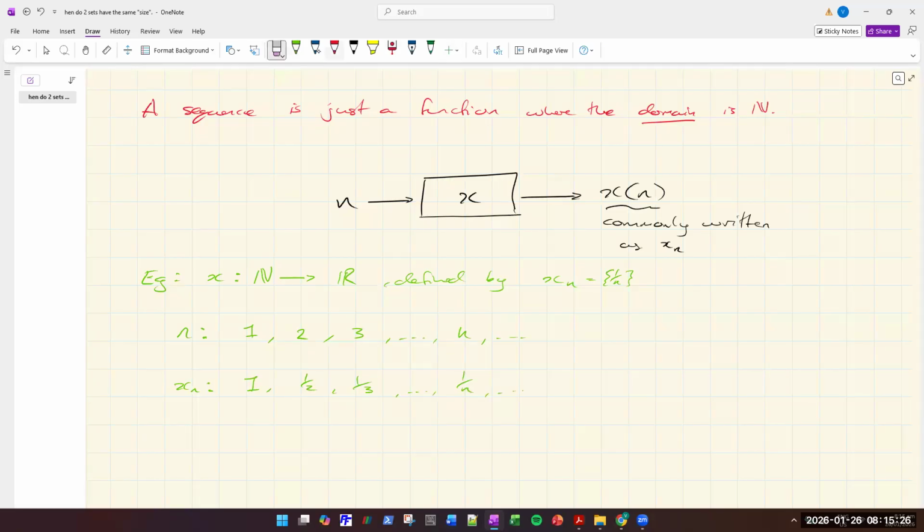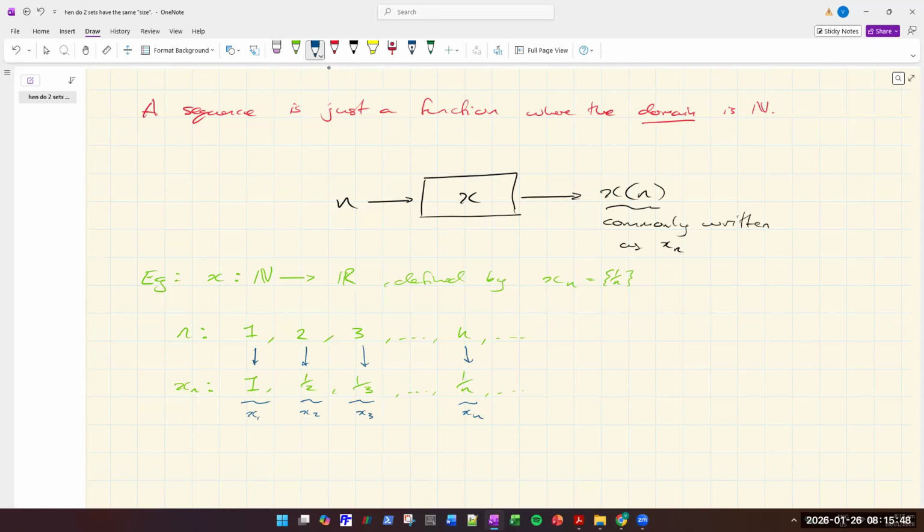So the sequence is this mapping, and this is x1, this is x2, this is x3, this is xn. That's the notation with respect to sequences.